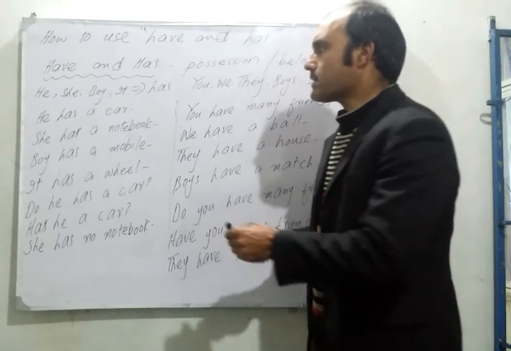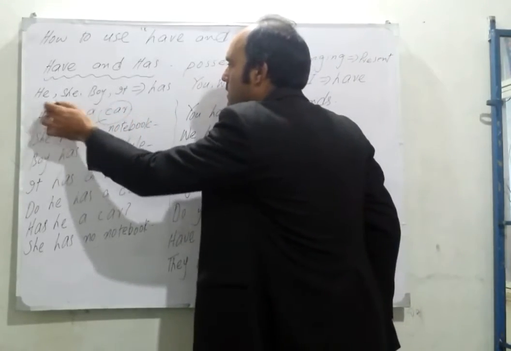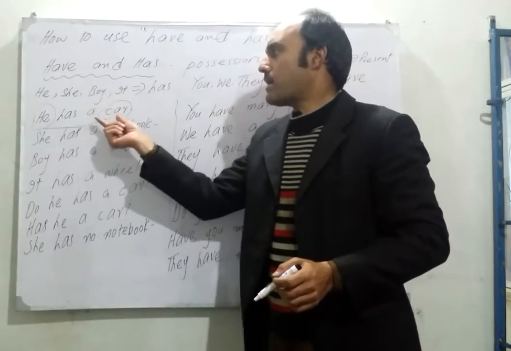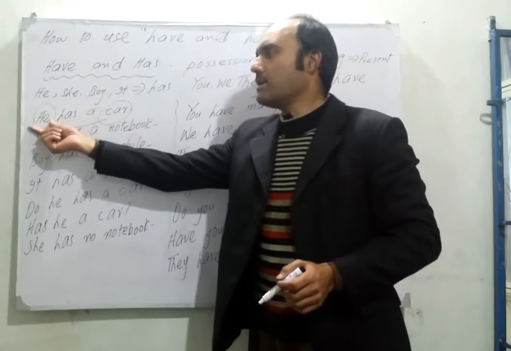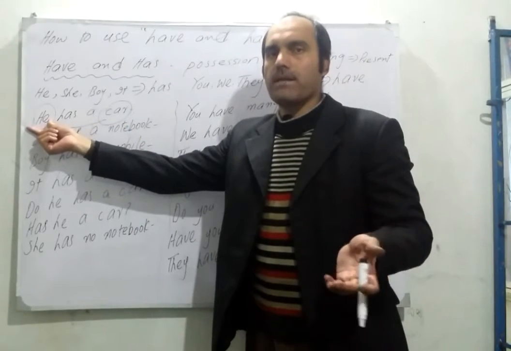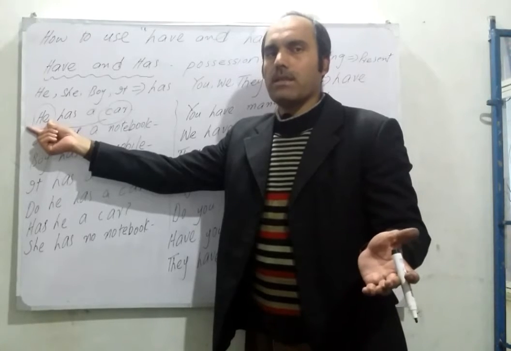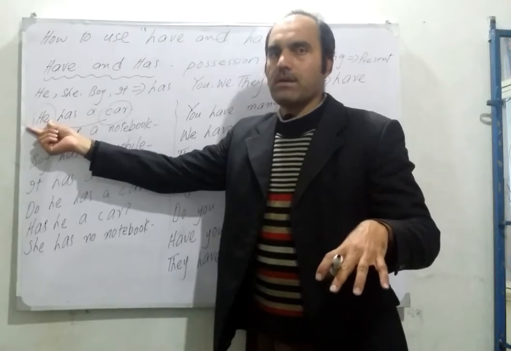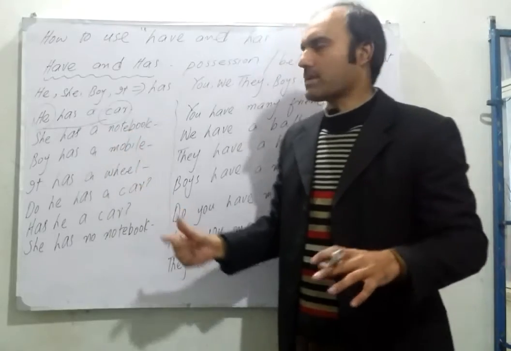So this car belongs to he. It means that he is the owner of this car in present time, right now. He is used for a boy, for a man. So a boy or a man has a car right now in this present time. The car belongs to this he. This shows us this whole condition.